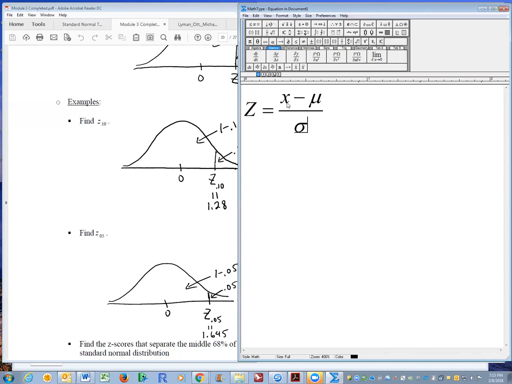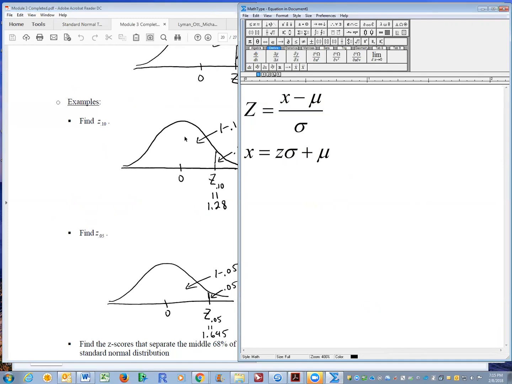You were wanting to find a particular value of x that fit a certain situation or a particular x percentile, and so you solve for x in this expression here. When you do the algebra and solve for x, you multiply both sides by sigma first, so you'll have z times sigma, then plus mu there. I think that's what you're seeing. Anyway, we may get to that later down the road.